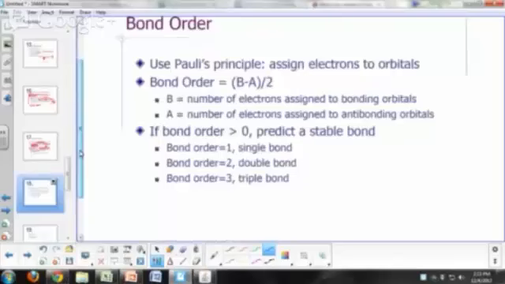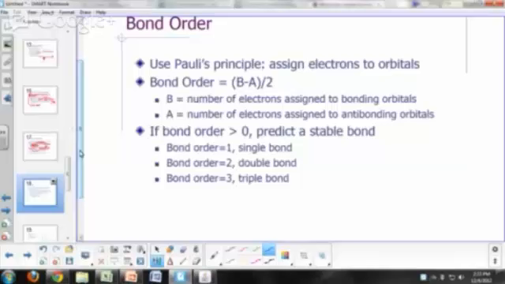Bond order. A molecular orbital diagram is useful for determining what we call bond order. If bond order is 1, there's essentially a single bond between the two nuclei. Bond order of 2 means a double bond. Bond order of 3 is a triple bond.